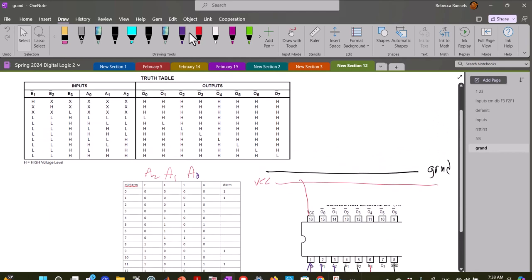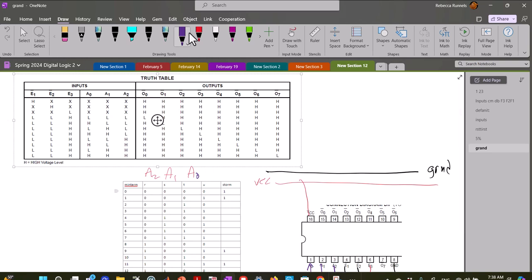And then our output is going to be, so when RST is 1, 0, 0, that gives us an output of low. So we want the not of that. So we need also a not.